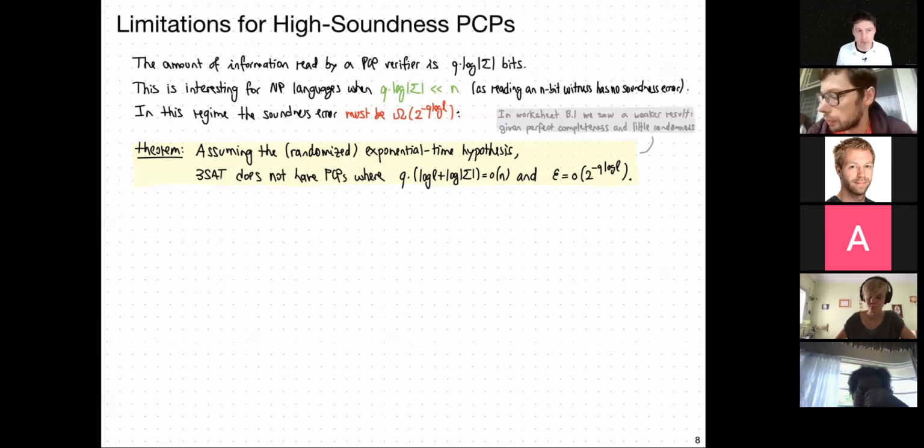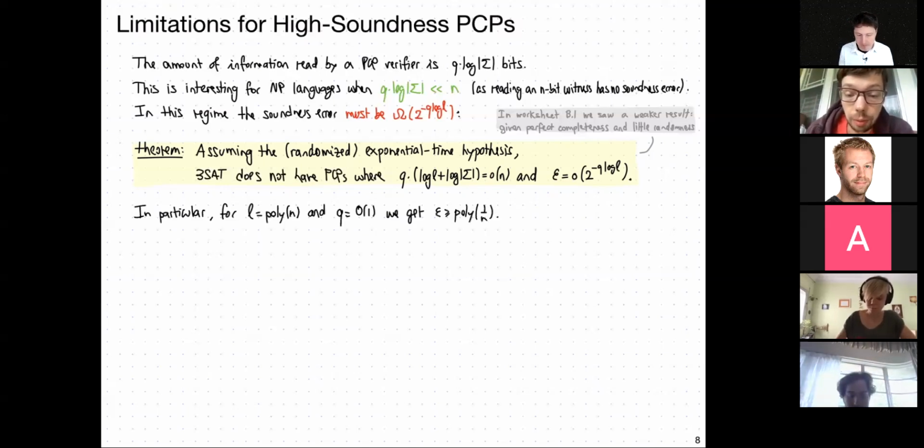Sorry, and like in the previous hypothesis, we were assuming that our query complexity is fixed, right? So if we then apply this theorem, we are saying that if we say the proof length must be some polynomial, and the query complexity is some constant, the Q0, for example, from the previous slide, then we get that epsilon must be at least one polynomial in 1 over n.